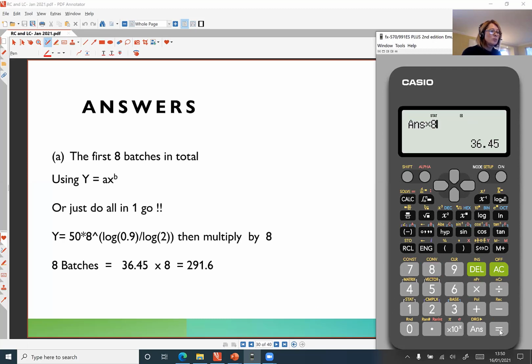So that's a shortcut, because if you're doing remote invigilation, it's hard to just keep writing everything down on your scratch pad. So you can do it all in the calculator. So it's 291.6, the same answer as before.